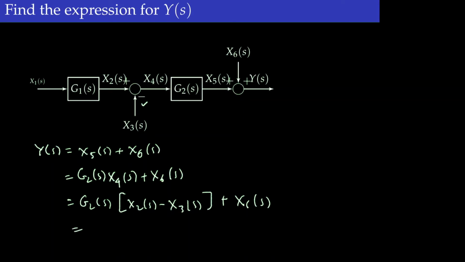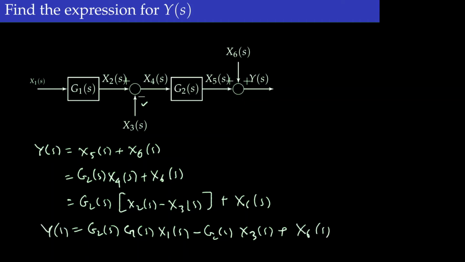So we'll write here g2s and x2 is nothing but g1s x1s, this g2 x3s plus x6s. So that's the final expression for ys.